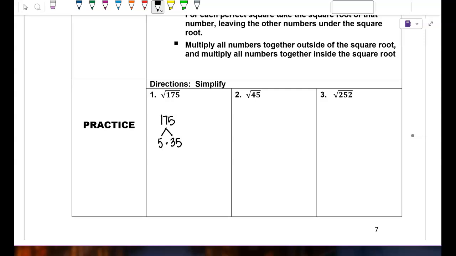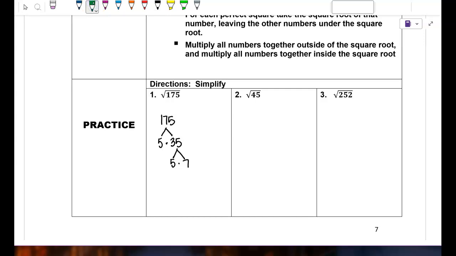The only way to make 5 through multiplication is 1 times 5. So now I have to look at 35. And Victor, what are two numbers that can multiply together to make 35? 7 and 5. I'm going to do 5 times 7 just so it's a little easier to show. The numbers don't have to be next to each other, but because this is the first one I'm showing, I'm going to write it this way so it's easier for me to circle.